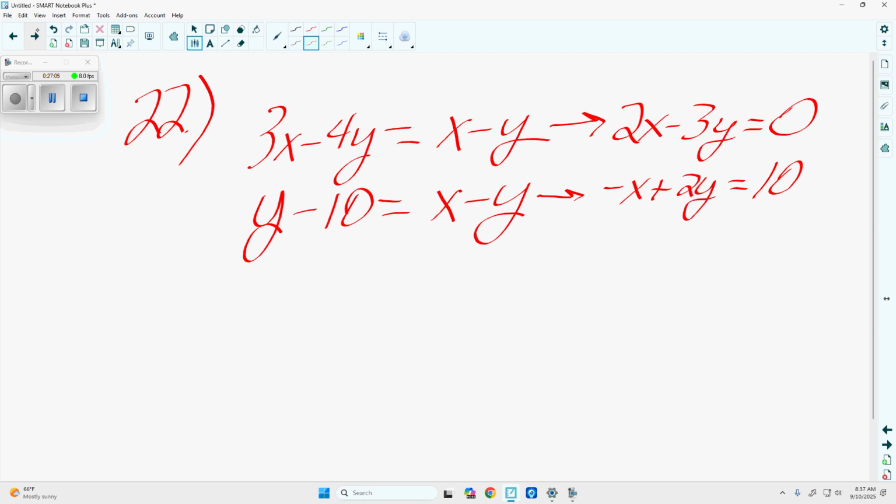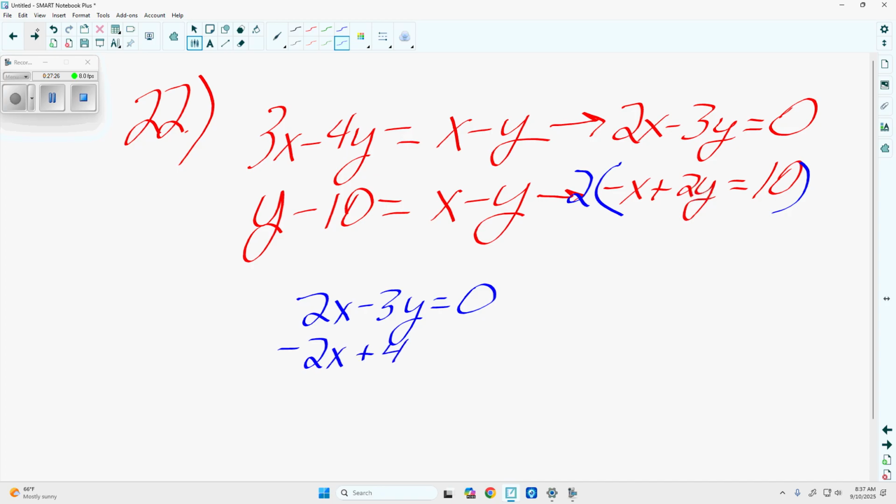Okay, so I would just multiply this guy by 2. There we go. I would just multiply that guy by 2. So I'm going to rewrite the top one, and I'm going to write the new bottom one. And then I'm going to add down. Hey, look at that. The x's went away.